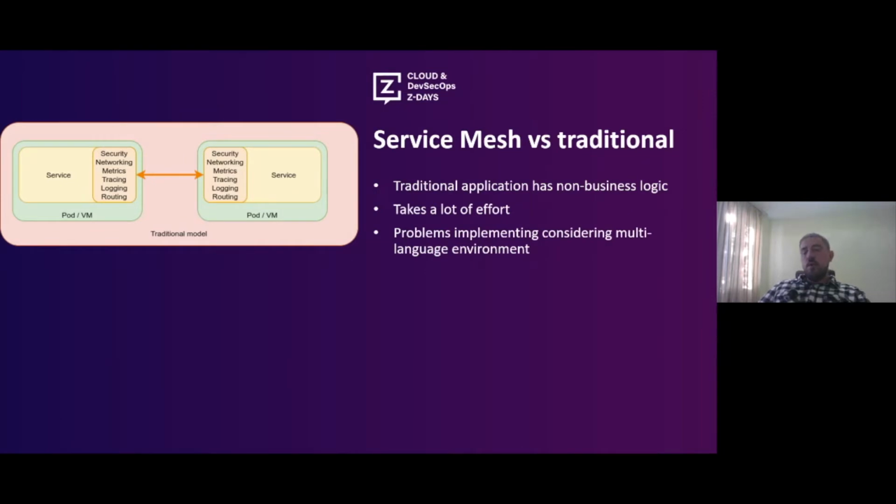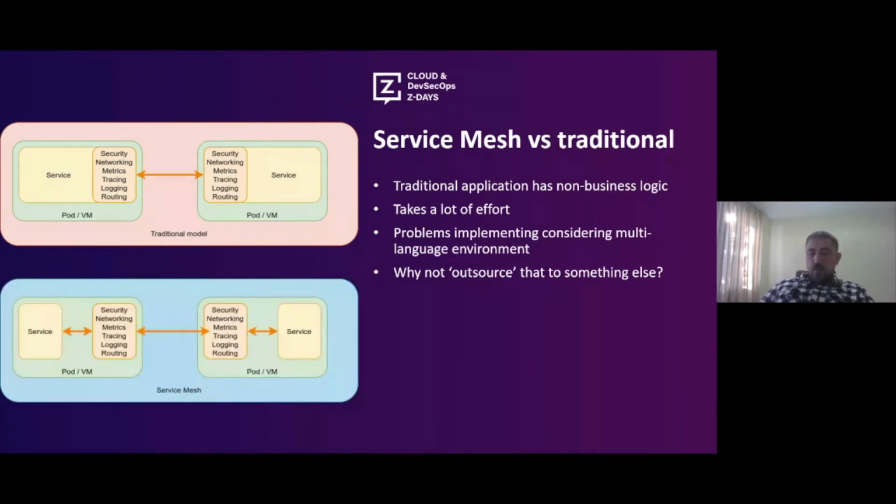So in a multi-language environment, it becomes increasingly difficult and sometimes impossible to maintain the same rules across the services. So why not outsource that to something else? And that's where the service mesh idea comes in, right?